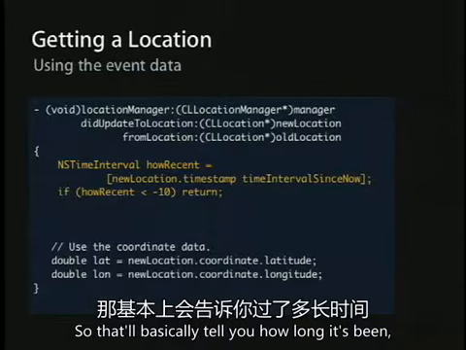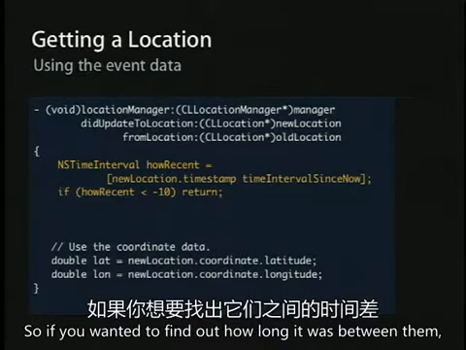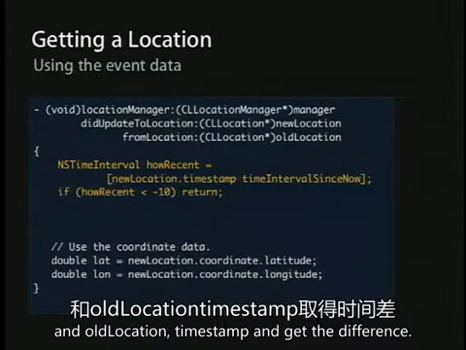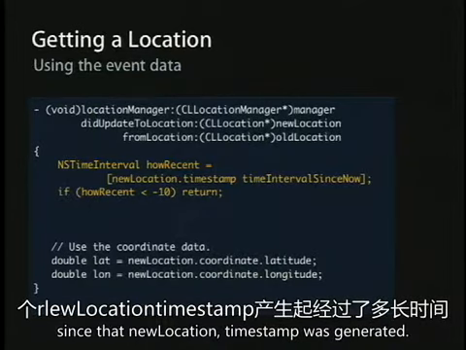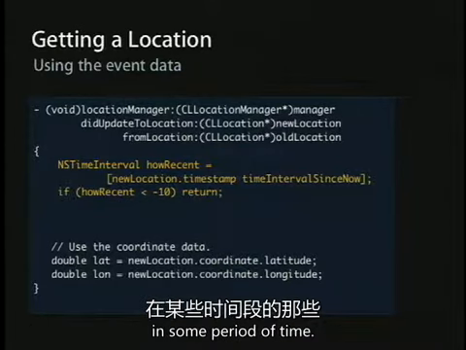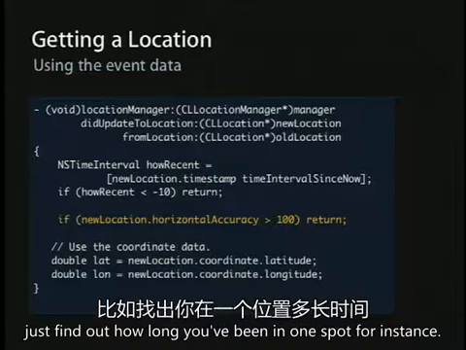So that'll basically tell you how long it's been, the NSTimeInterval, since that location notification was generated. So if you wanted to find out how long it was between them, you could get newLocation.timestamp and oldLocation.timestamp and get the difference. This just tells us how long it's been since that new location timestamp was generated. And in this case, we're going to filter out ones that happened in some period of time. But you could do other things with that, like find out how long you've been in one spot, for instance.